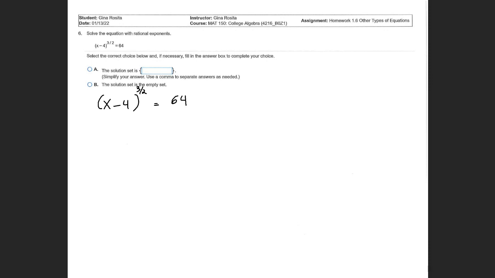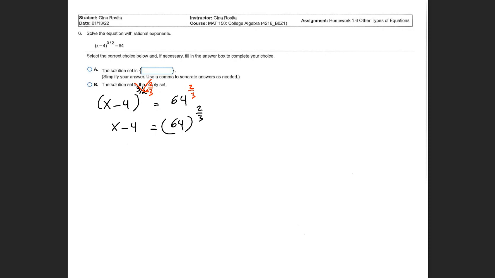The exponent is 3 over 2, so find the reciprocal: both sides times 2 over 3. They cancel each other, and the answer becomes x minus 4 equals 64 to the 2 over 3.